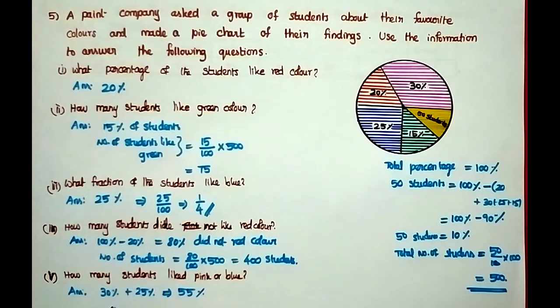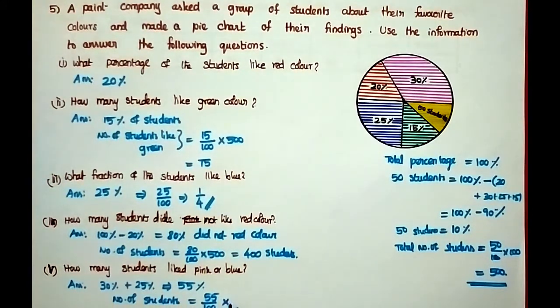So the number of students who like pink or blue means 55 divided by 100 into 500, that is equal to 275 students. That is the answer.